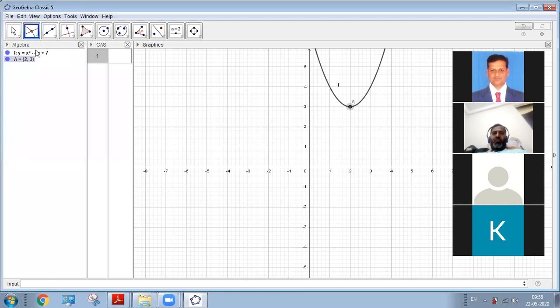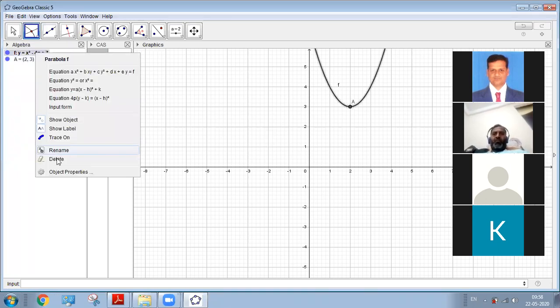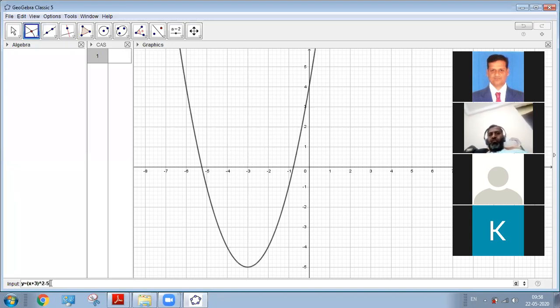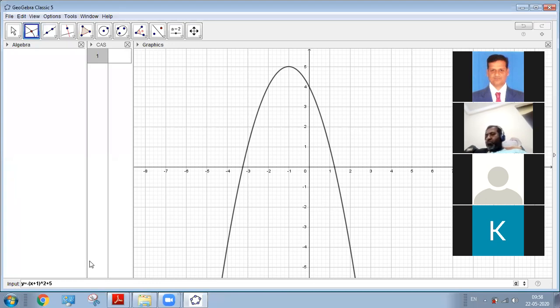Suppose I take another function, for example, y equal to minus (x plus 3) power 2 plus 5. So this is a parabola.